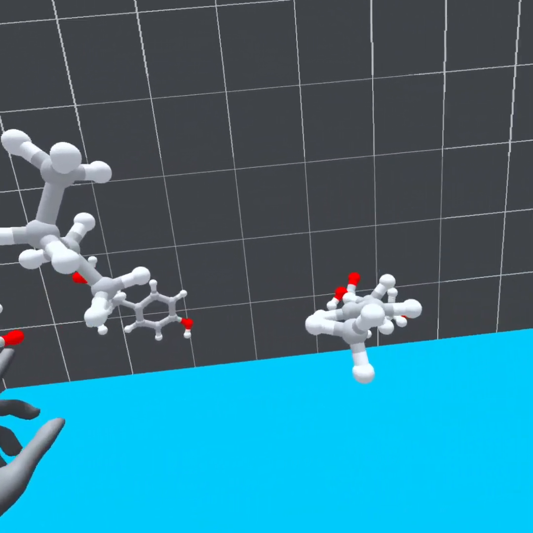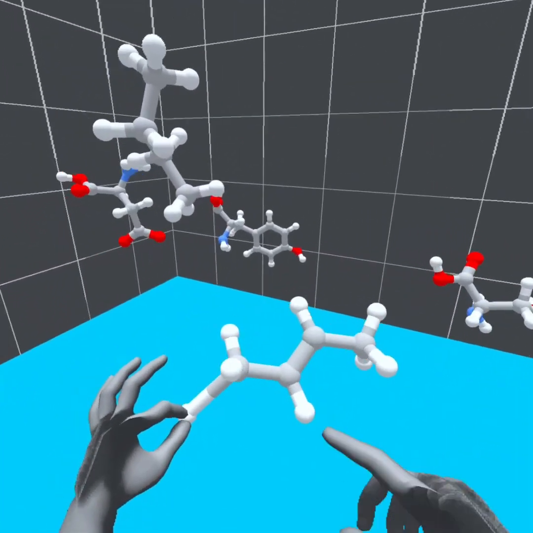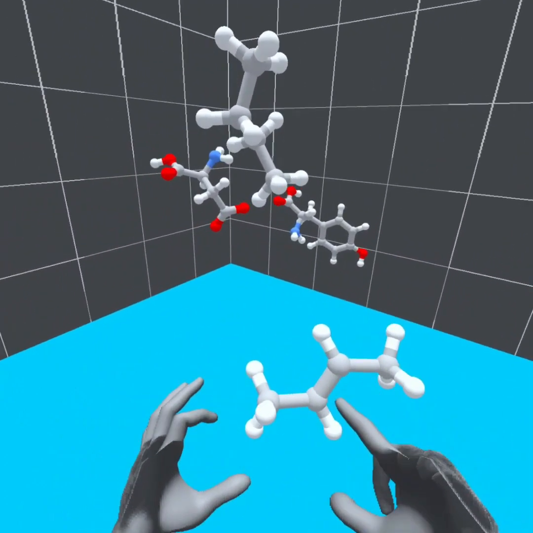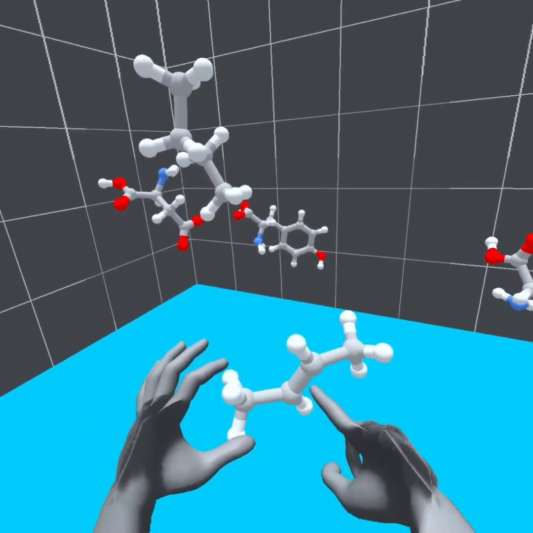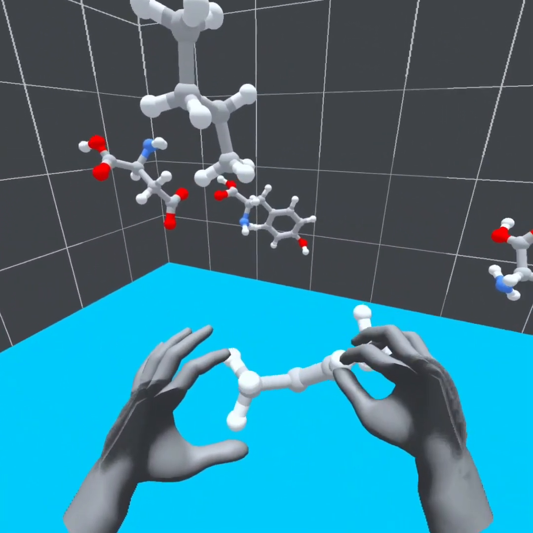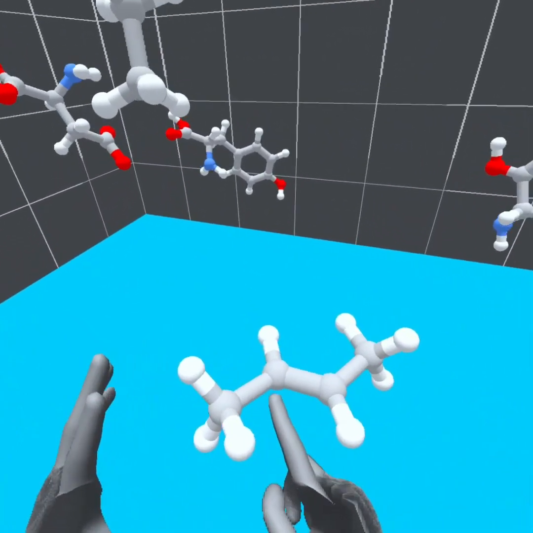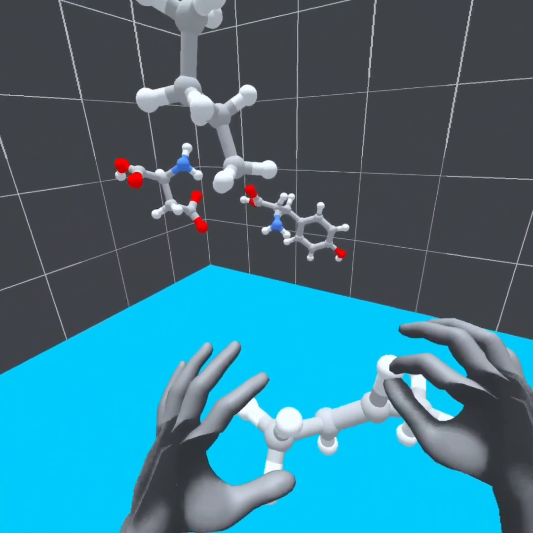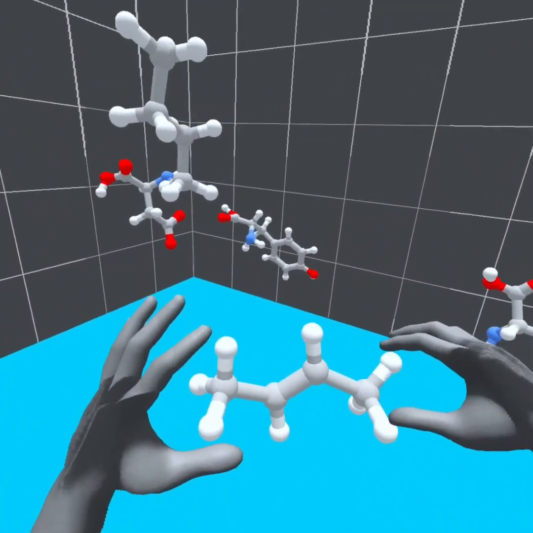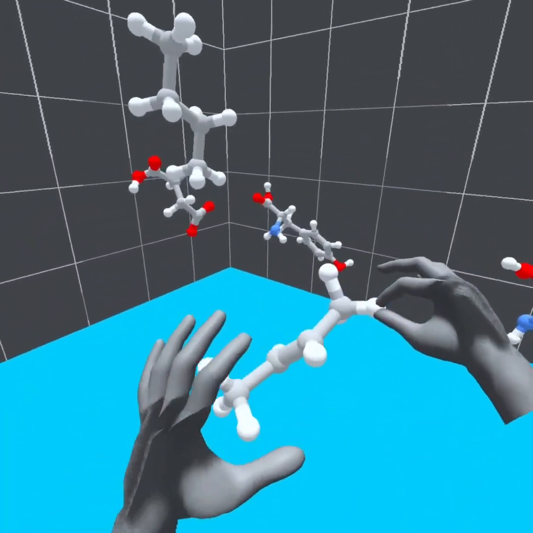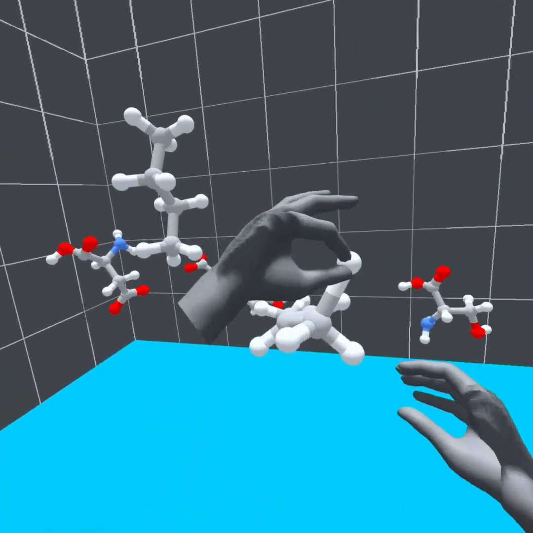Now, I wanted to compare butane with this molecule, which also has 4 carbon atoms, but it has a double bond in the middle. You see this bond is thicker than the others. Double bonds are non-rotatable, okay? And indeed, if I try to rotate that, let's try to do the same I did before.